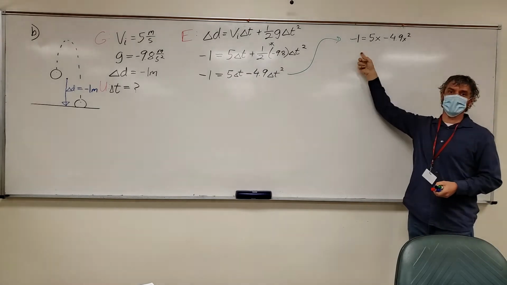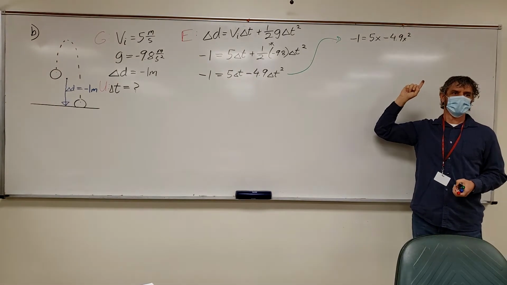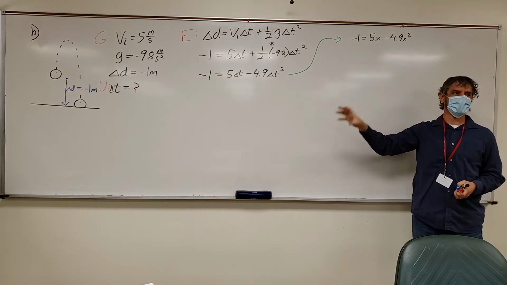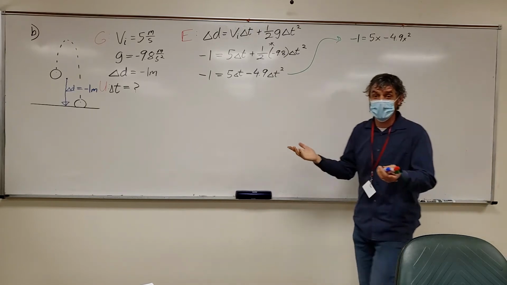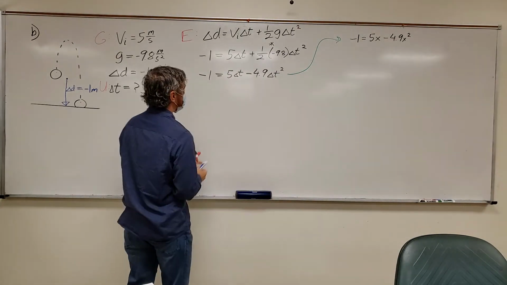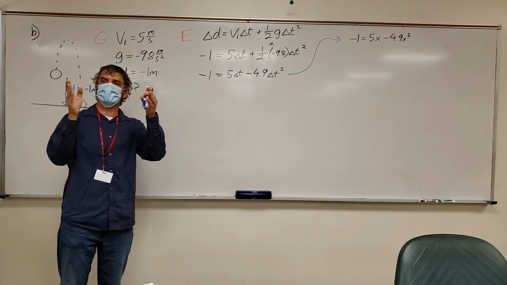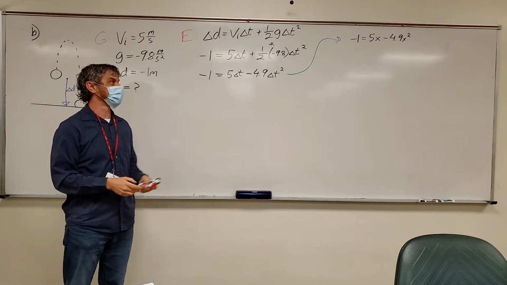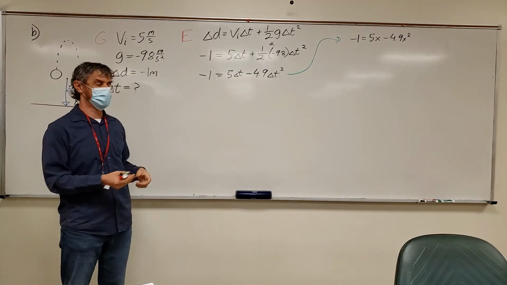But what do you have to do first when you solve a quadratic? What has to be on one side of the equal sign? Zero. You got to put a 0, or you got to get 0 on one side. And then you write in descending order, right? Where you have the x squared term, and then the x term, and then the constant term. In this case, it'll be the delta t squared term, the delta t term, and then the constant term.